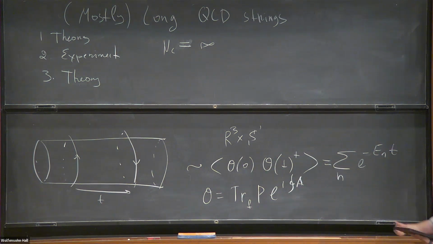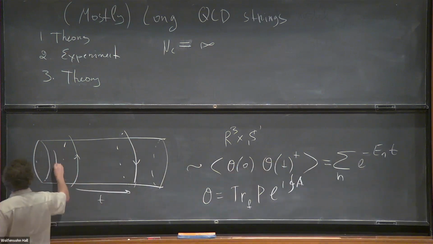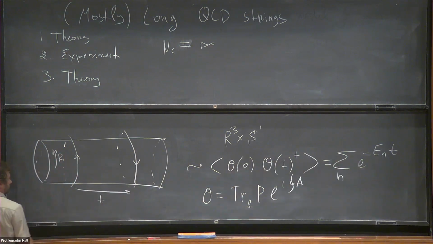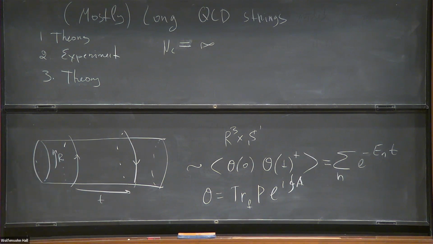And so what kind of states are these? Well, as soon as the size of this circle is sufficiently large, and that will be always the case in what I will be doing, and sufficiently large means that there is what's called center symmetry, which in more modern language is the zero-form part of the one-form center symmetry associated to the presence of this compact circle.